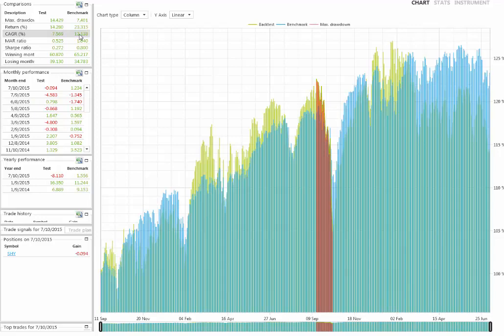The benchmark was up 12% and this portfolio was up 7% if you do your switching on the 7th day of the month, 7th trading day. Okay, and the max drawdown was double. Now let's see what happens when we get to the 3rd trading day of the month.